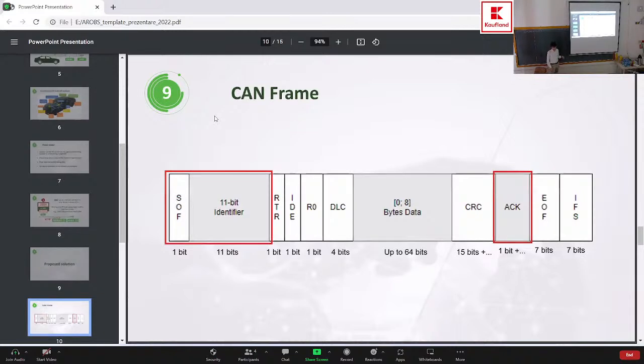First of all, our system is using this kind of standard CAN frame. This frame shows how the messages are sent on the bus. But the most important fields from this structure are the identifier, the ID, and the acknowledgement bit, which are used for attacking the system.